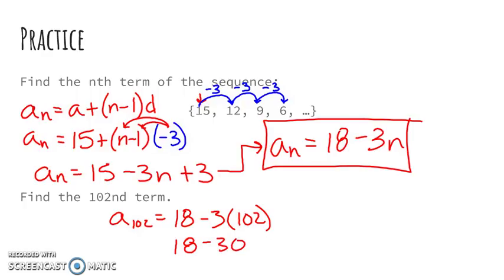And I can't do that in my head. It's a good thing I brought along a calculator. And you get negative 288. Okay. Now let's move on to geometric sequences.